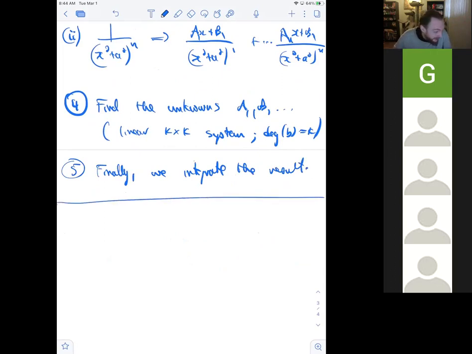And this is basically partial fraction decomposition. So let me find a couple of examples in here. Yeah, let's do this one. So I have to pick one that's not too bad.